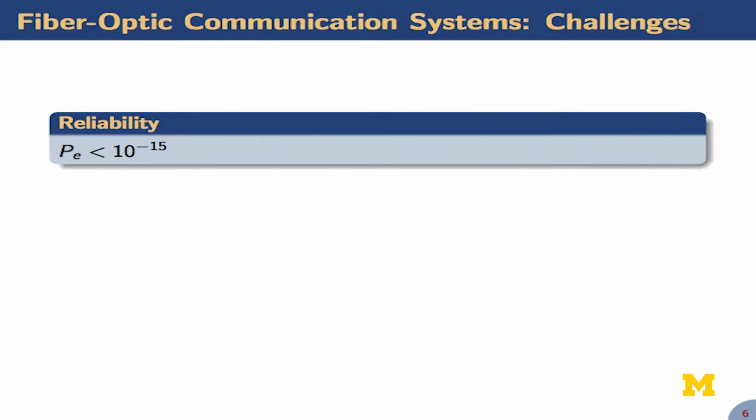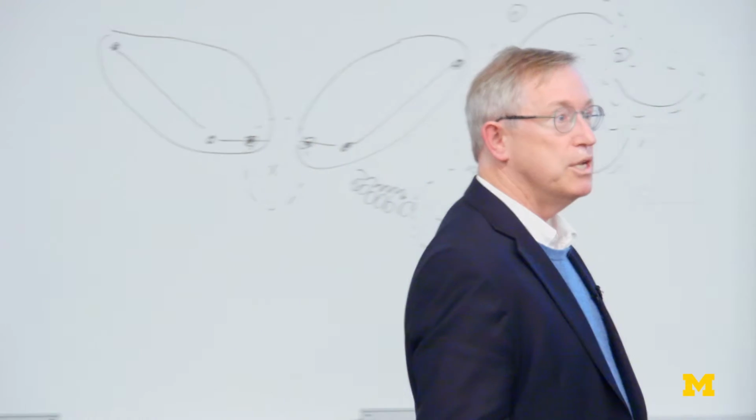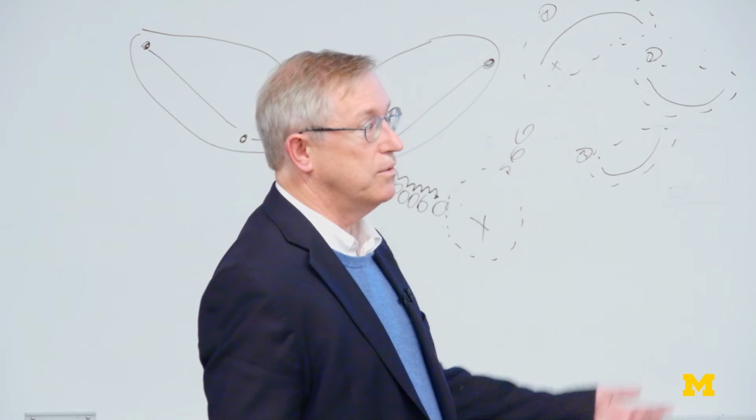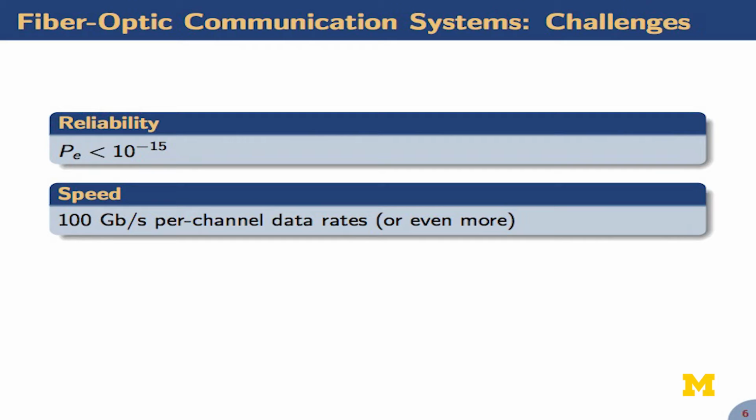Okay? So fiber optic communication systems in the industry demand a very high reliability, 10 to the minus 15 probability of error, okay, which makes software simulation kind of a no-go right from the very beginning. We pretty much need hardware or analysis to prove out such a high reliability.